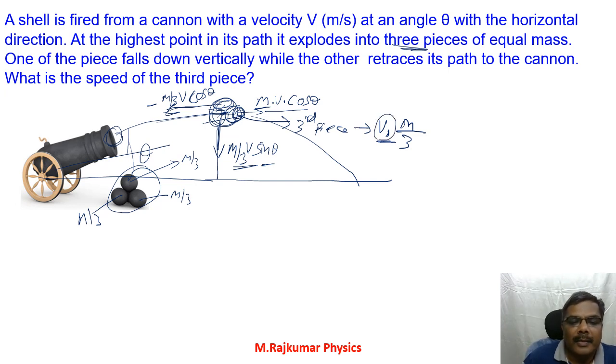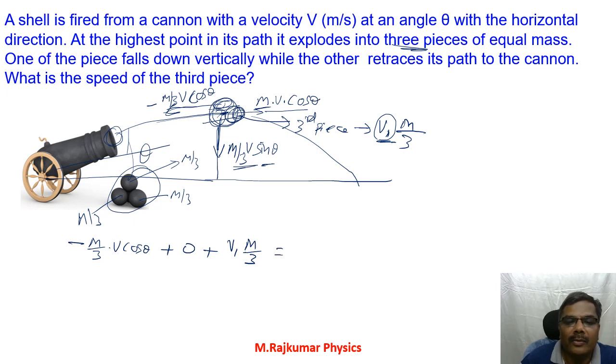By the conservation of momentum, the first mass is retracing the path, so I'm taking it as minus m by 3 into v cos theta. For the second mass, the horizontal component is 0. Plus for the third mass it is m by 3 into v1.